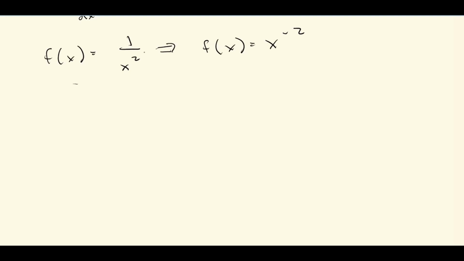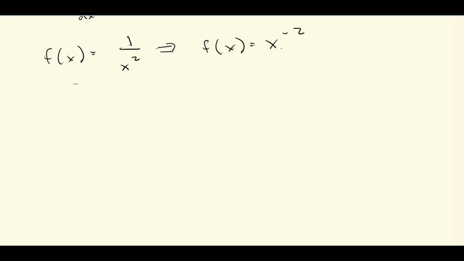All we did is restate this fraction as x to the negative 2nd power, because if it's down here in the denominator, it's going to be negative if we bring it up. We rewrote this function, so now we're going to apply the power rule.